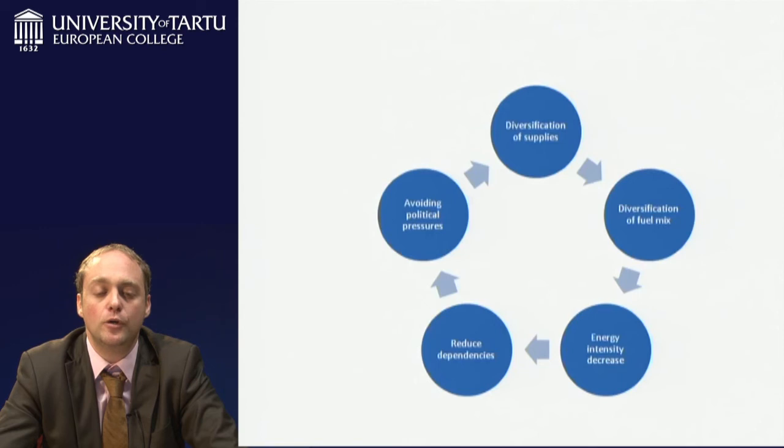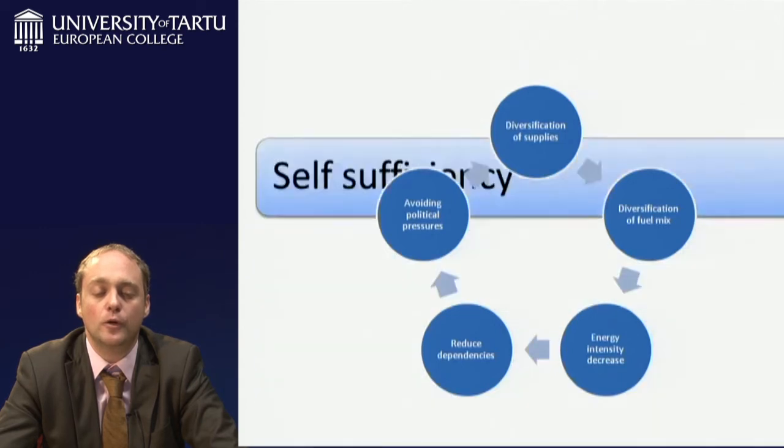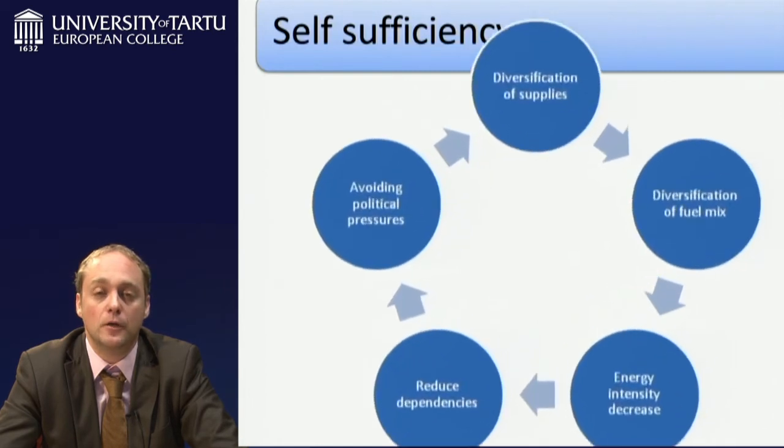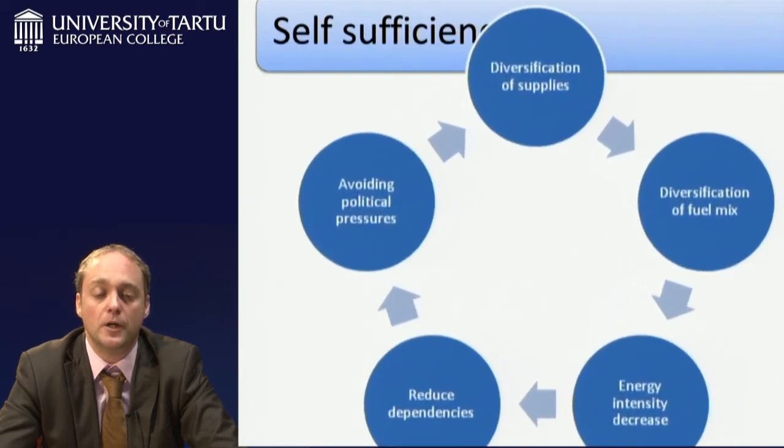So energy security would, first of all, be related to the self-sufficiency. And self-sufficiency, which can rarely be attained at 100%, consists of the following: diversification of supplies, diversification of fuel mix, subsequent energy intensity decrease, reduction of dependencies, and finally of all, avoiding political pressures.